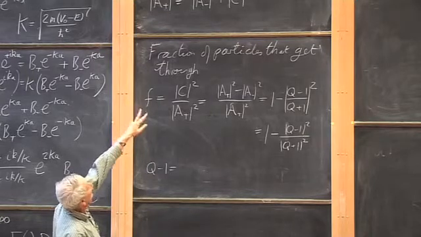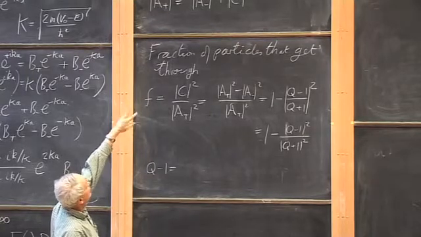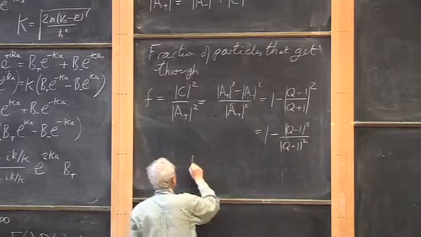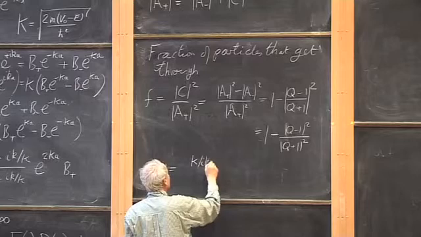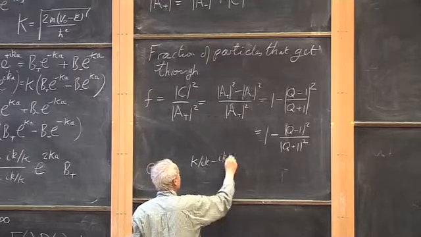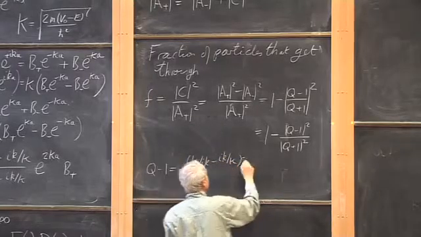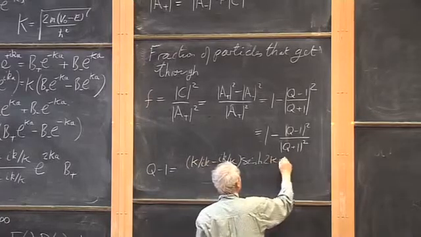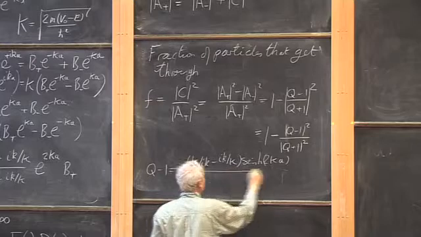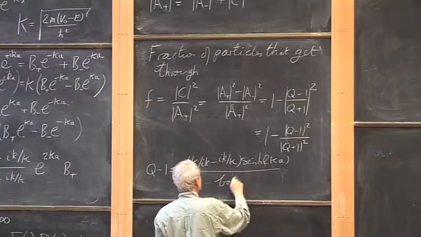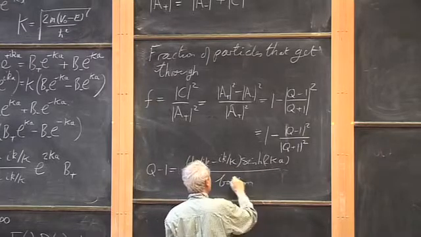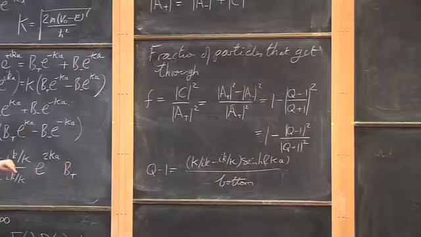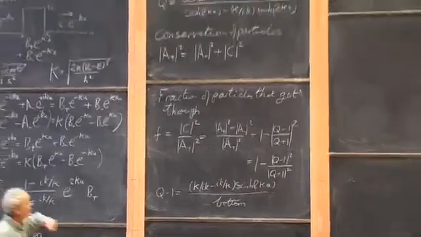So when we take away the bottom from the top, the cosh terms go away, and we are left with, I think, k over ik minus ik over k times sine 2ka. And that will be over the bottom, which we're not really going to take much interest in. It is the bottom that you see up there, cosh 2ka minus k over ik, etc.